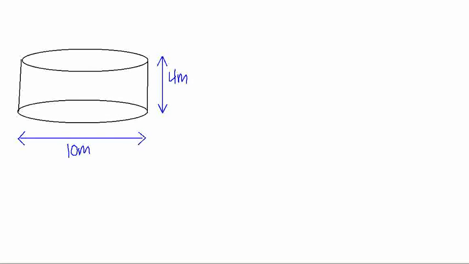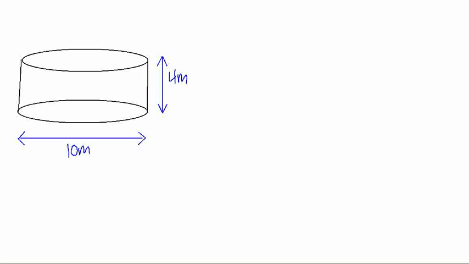Suppose you had a metal container in the shape of a right circular cylinder that was used for holding water, and you wanted to know the volume of water that that cylindrical container could hold, and you also wanted to know the surface area.